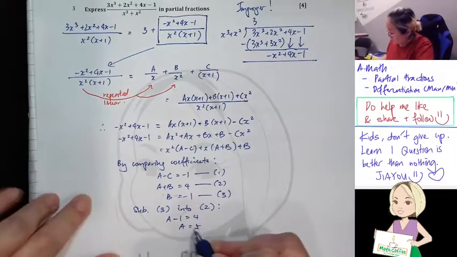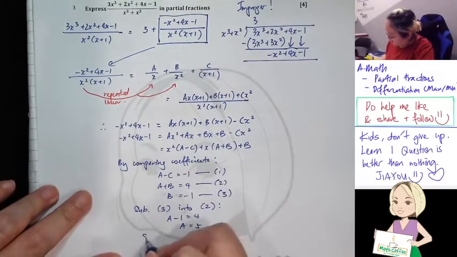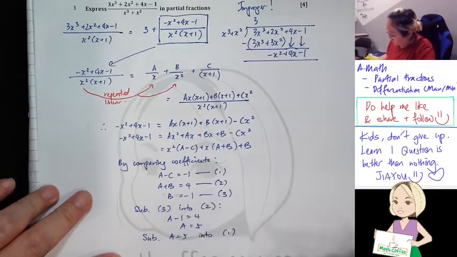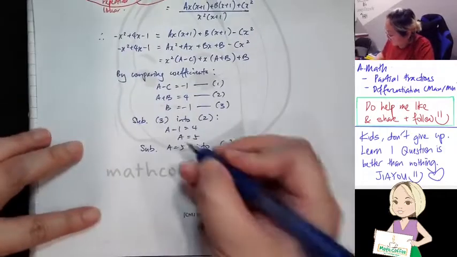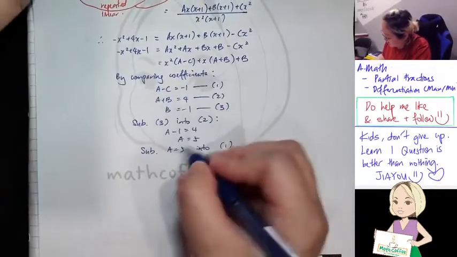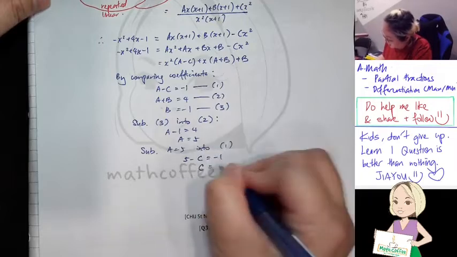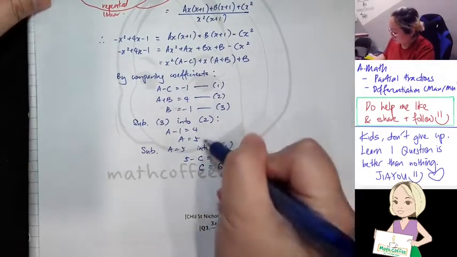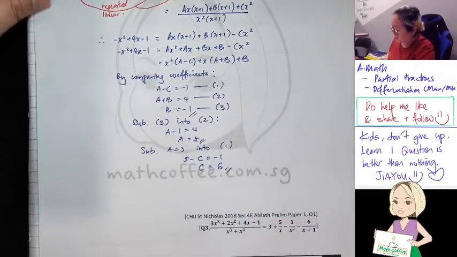Then I sub a equals 5 into equation 1 and I get 5 minus c equals -1, c equals 6. So I have solved my A, B and C.